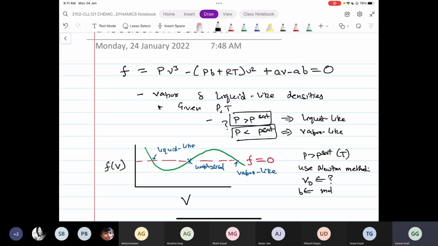Remember the van der Waals parameter B, that is an estimate of molecular volume. A was the estimate of intermolecular interactions. B was an estimate of molecular volume. That is roughly the volume of one molecule.